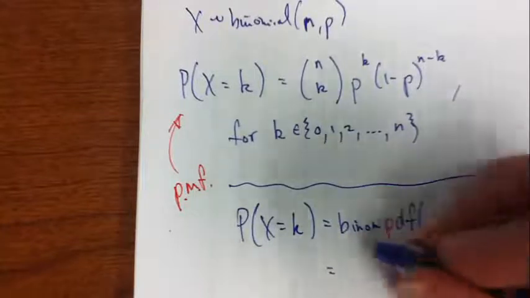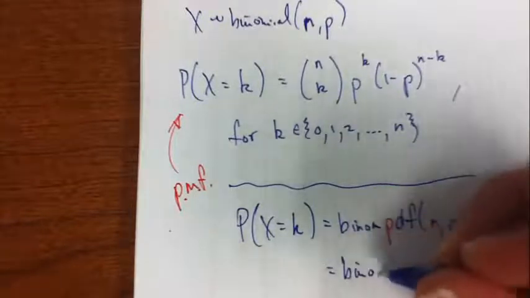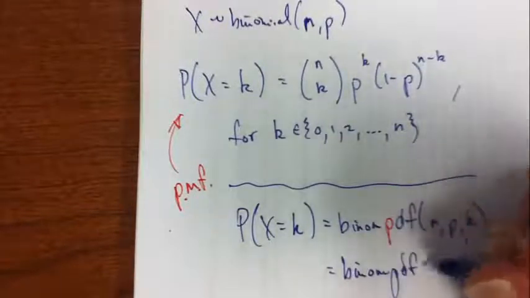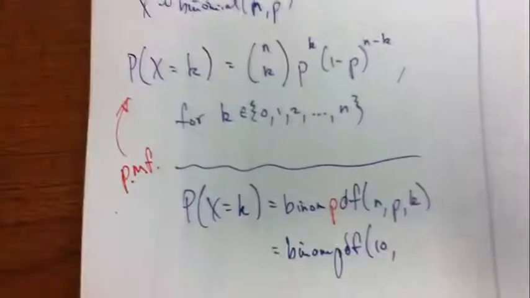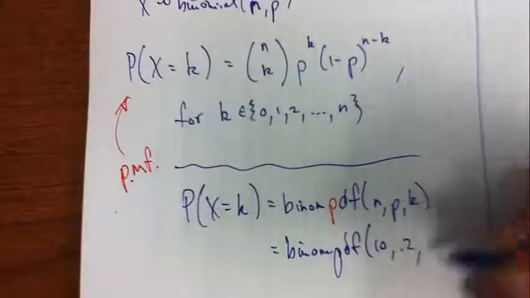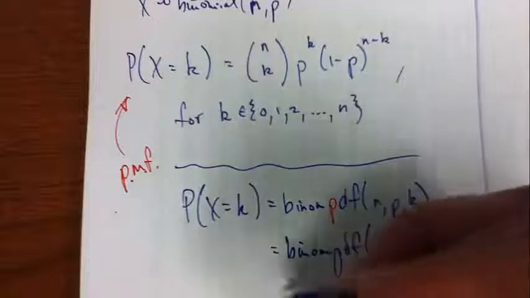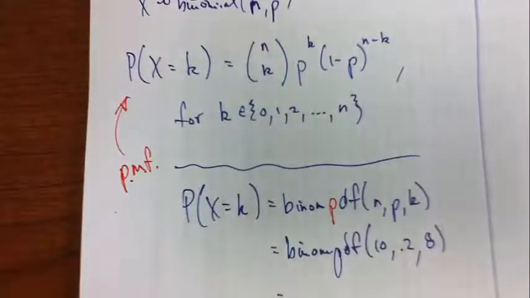So for our problem, that's going to be binomPDF with 10 trials, success probability of 20%, and we want to know the chance that we get exactly 8 correct, right? So I can put that in my calculator.